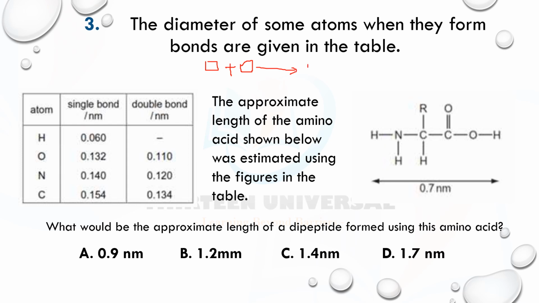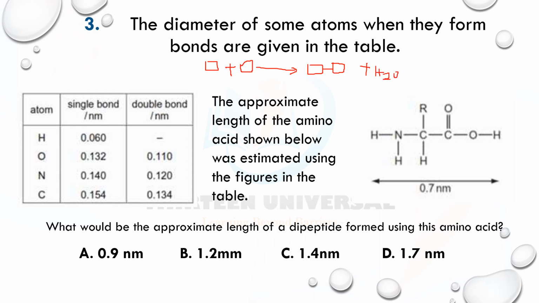A dipeptide consists of two amino acids linked by a peptide bond. That's a dipeptide. But of course, water is produced, because this is a condensation reaction, which always produces a water molecule.